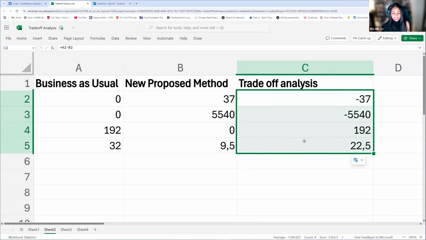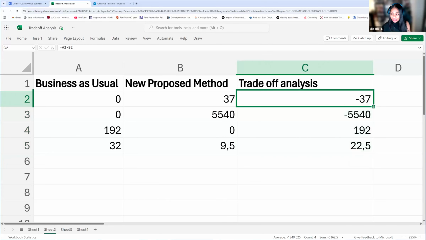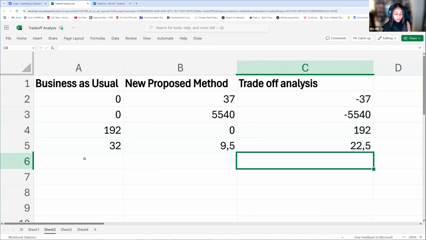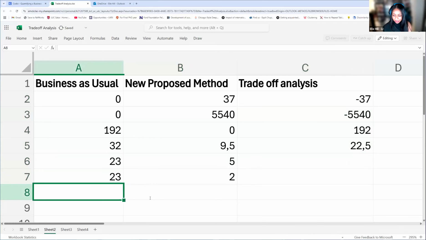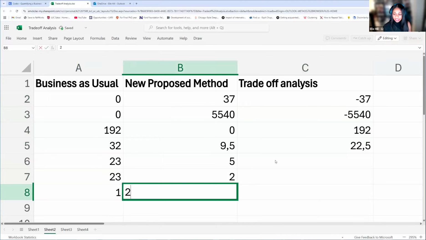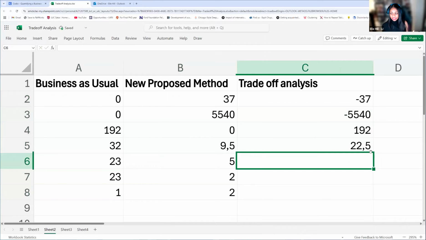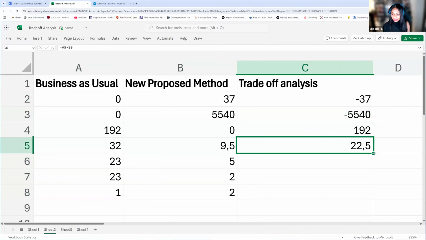Or you can double click if maybe you already have numbers here but you didn't get a chance to fill in column C, and Excel will complete it for you. Just another part of the amazingness of Excel.